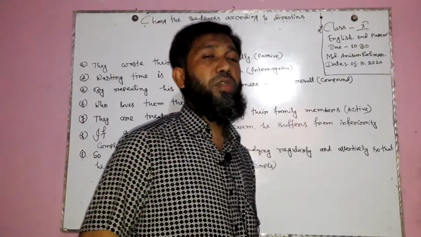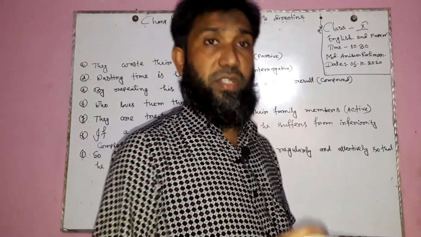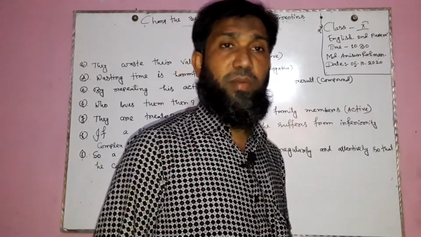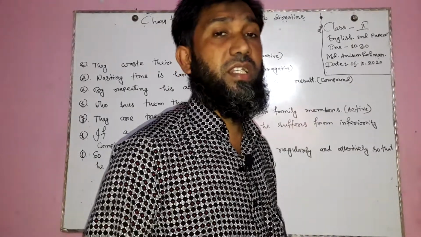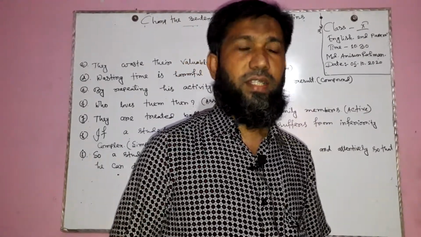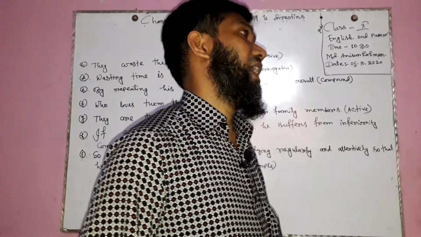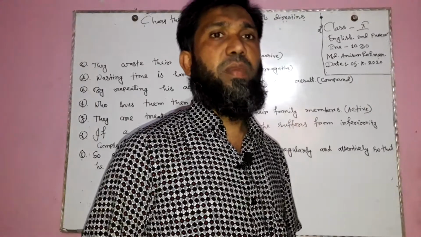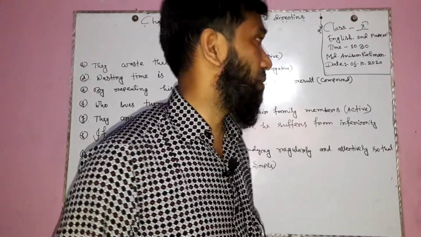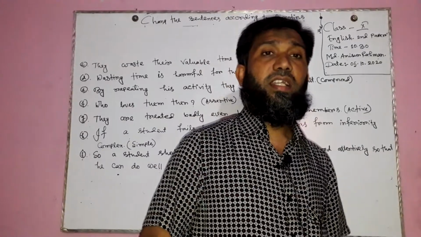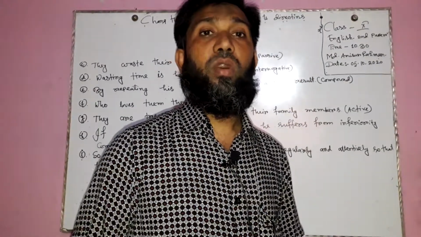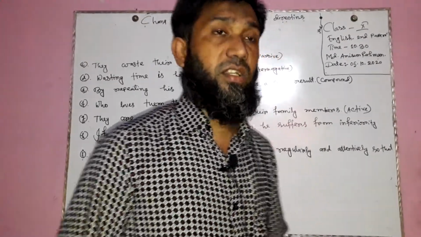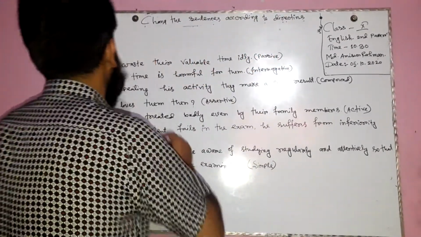So when we change the voice in the present indefinite tense, the object turns into subject, secondly we need an auxiliary verb am, is, or are on the basis of person, and then turn the main verb into past participle, I mean V3 form, and then add a preposition by, to, with, etc., and then the subject turns into object, then extension. I would like to write down the structure.